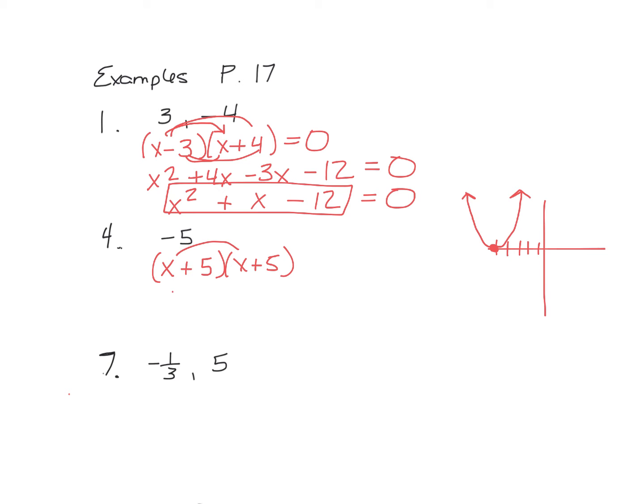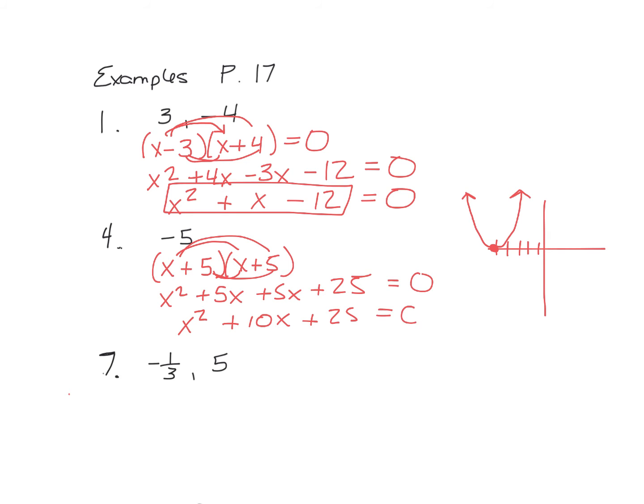Then foiling, we'd have x squared. We'd have 5x, and a positive 25. Combining like terms, we get 10x, and this would be the quadratic that has that negative 5 as a 0.